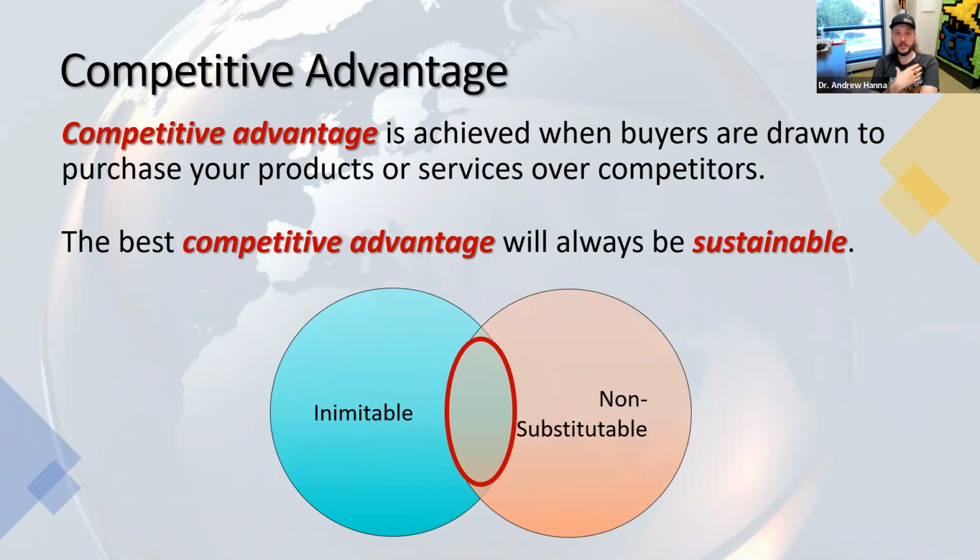So if we find that we have some leg up, we want that leg up to be inimitable, and we want it to be non-substitutable. Hopefully, if we can find that overlap between these ideas, we're sitting in a really good place, and we've found hopefully an advantage that will lead to a sustainable long-term advantage over the people we compete against.